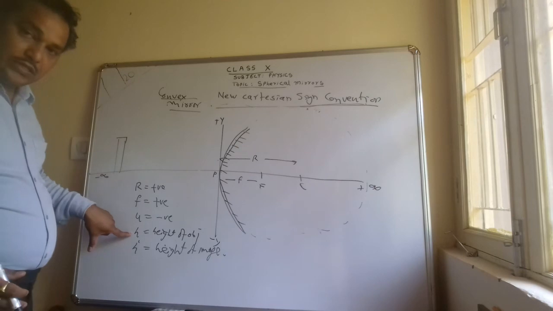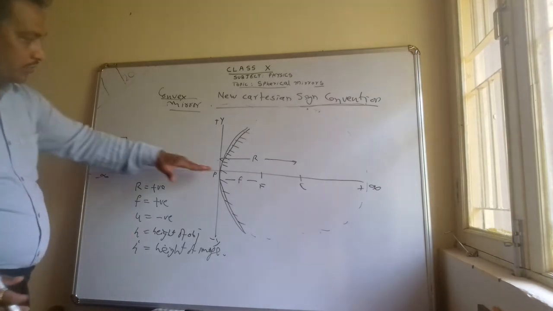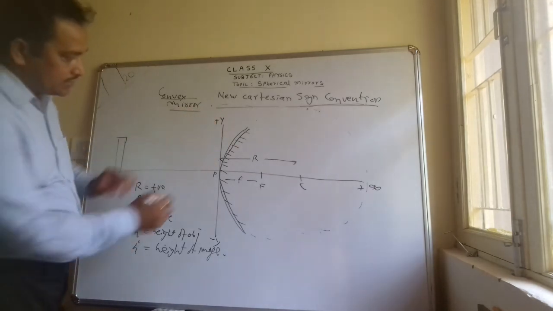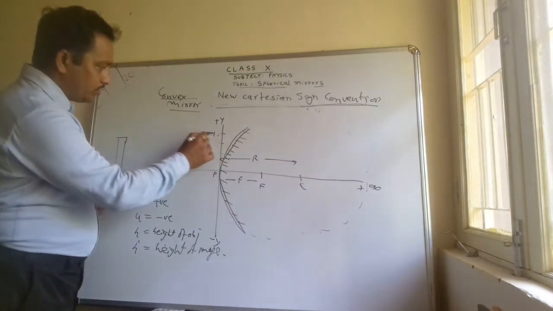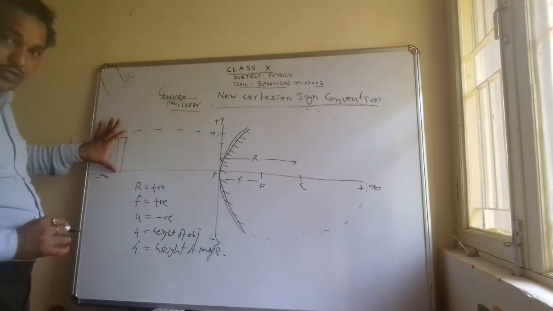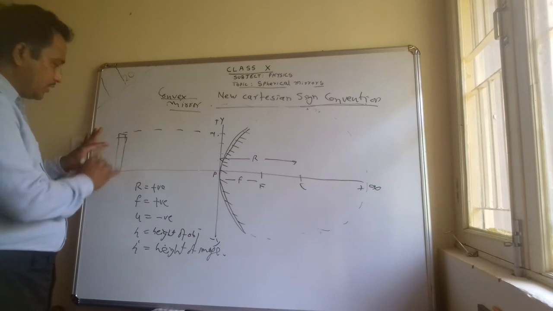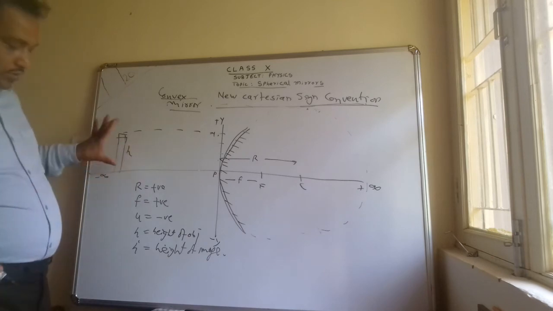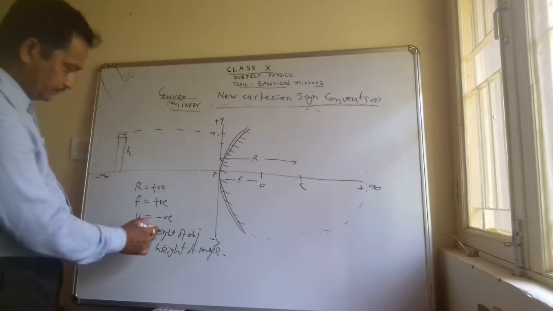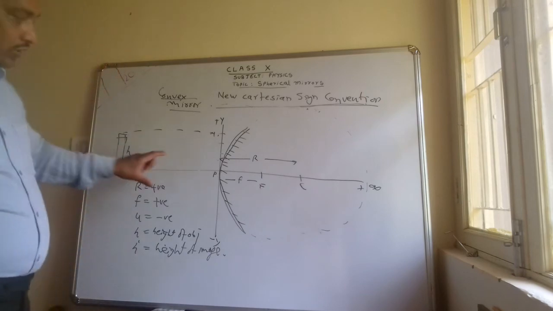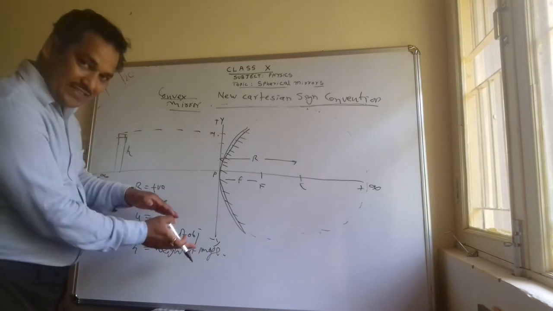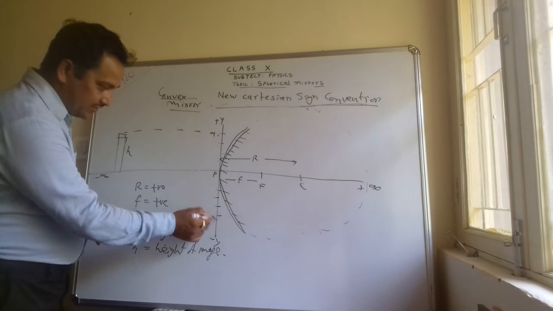Similarly, the height of the object is taken as positive because this is the positive y-axis. This distance is always positive, so the height of the object h is always positive. Similarly, for the height of the image, if it is below the x-axis, it is negative.